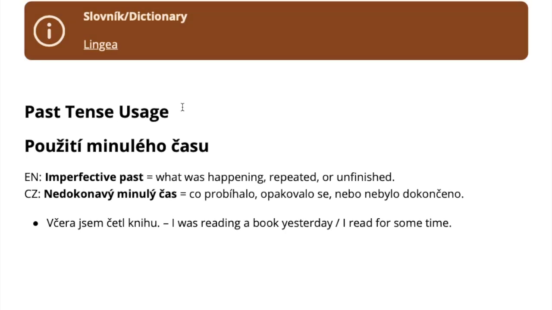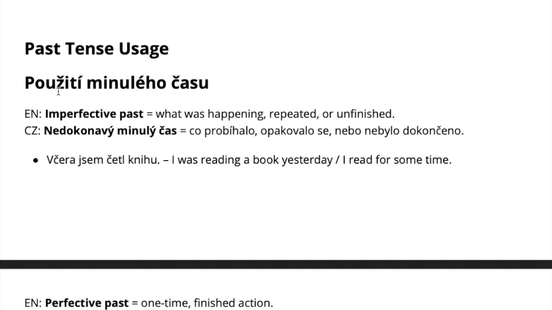Past tense usage. So as I have mentioned, it's all the same. The general meanings of perfective and imperfective are used in the same way in present, past, and future. Let's see a few more examples for použití minulého času. Nedokonavý minulý čas říká, co probíhalo, co se opakovalo, nebo nebylo dokončeno.